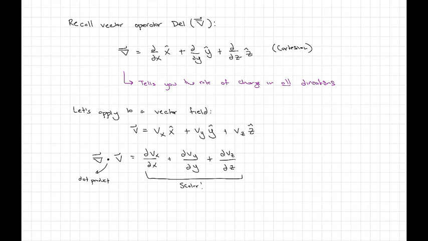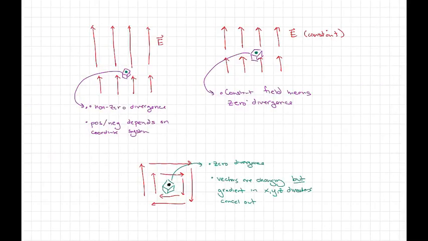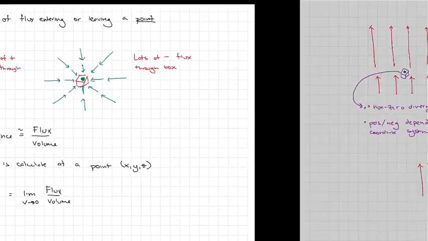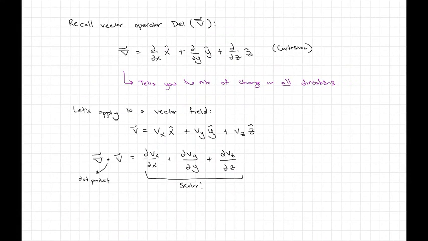Okay, so one way to think about this, in terms of, again, these kinds of problems, a different way to think about it mathematically is, if your vector field is not changing in any direction, then the divergence is 0.